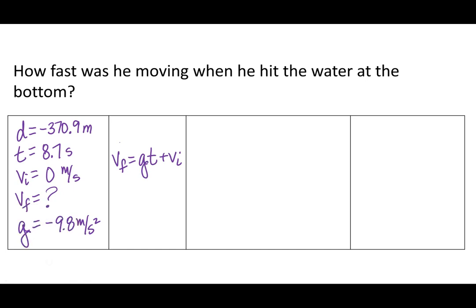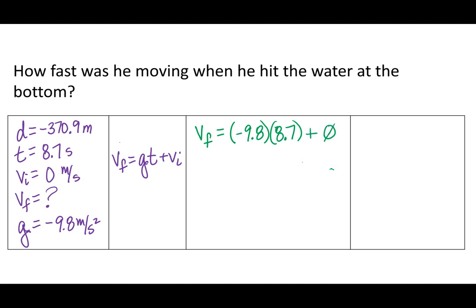All right, now it's time for math. Let's see, this is our unknown. So once again, we're not going to have to rearrange anything, are we? So VF equals, see, G is negative 9.8 times 8.7 plus 0.